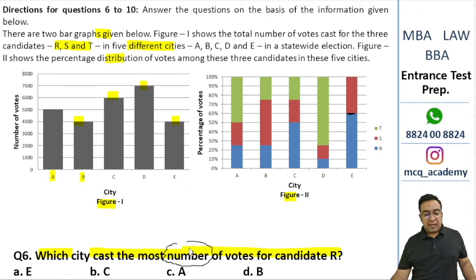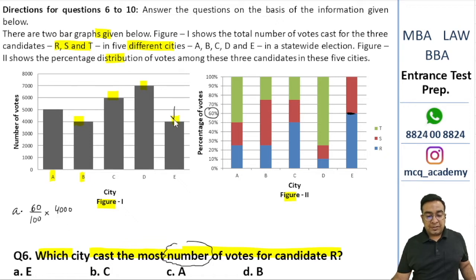तो ऑप्शन नंबर ए सिटी ई की बात कर रहा है, तो ई से द परसेंटेज ऑफ वोट्स दैट आर हैज रिसीव्ड दिस इज इक्वल टू 60%. Therefore सिटी ई से, दैट इज ऑप्शन नंबर ए, this is equal to 60% of 4000 votes.